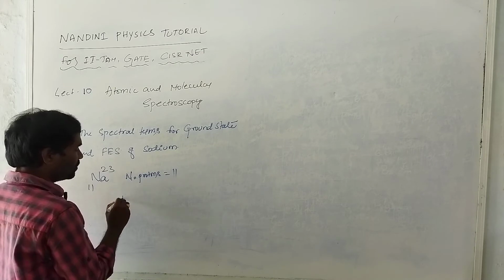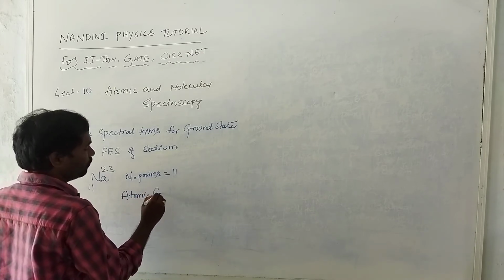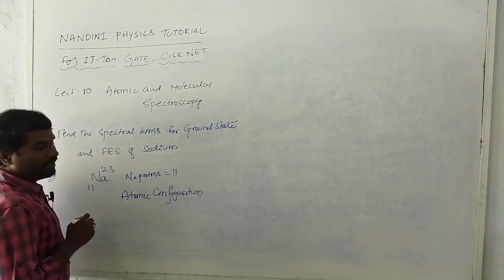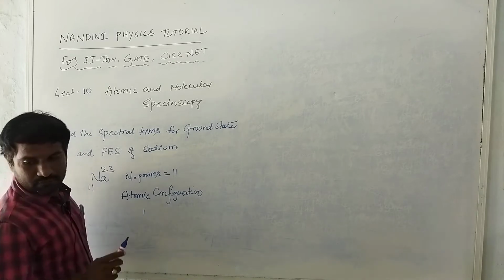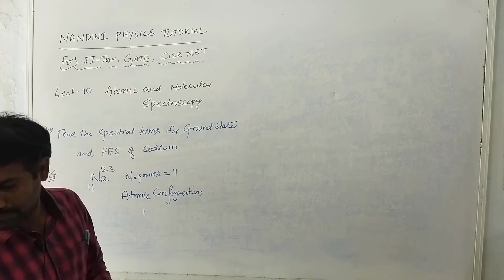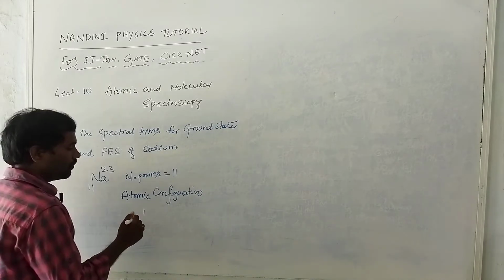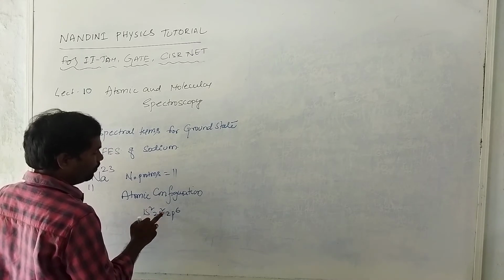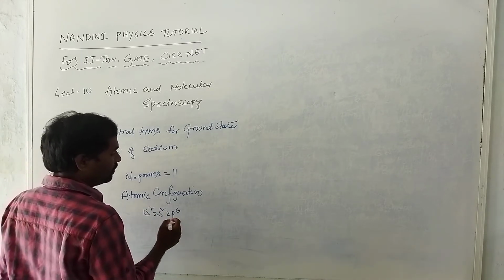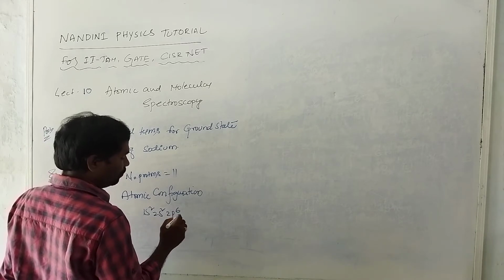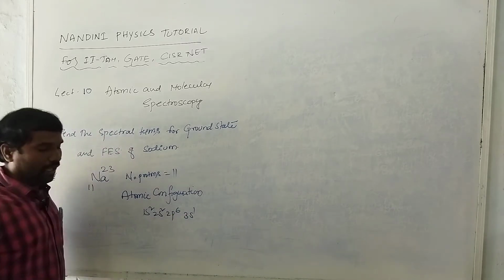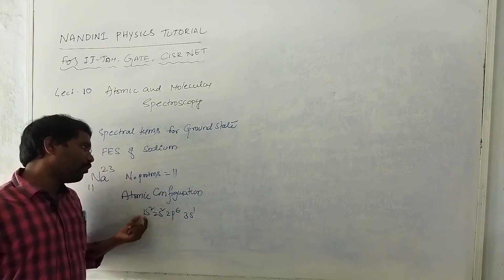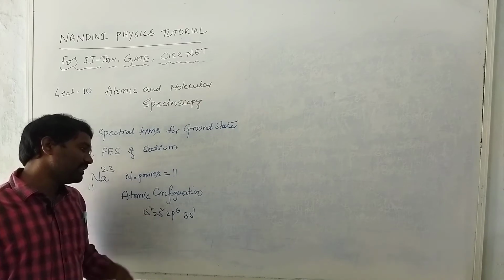It is 1s2, 2s2, 2p6. Already 2 plus 2 is 4, 4 plus 6 is 10, then 3s1. So this is the actual atomic configuration of sodium with proton number 11: 1s2, 2s2, 2p6, 3s1.